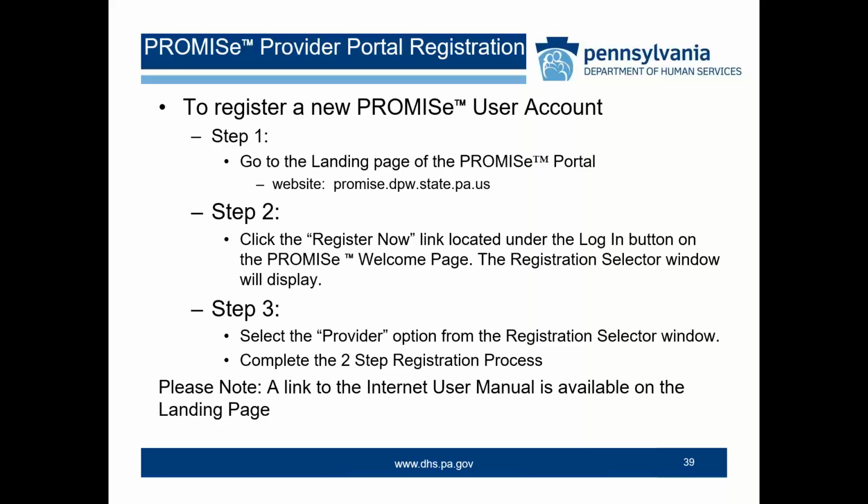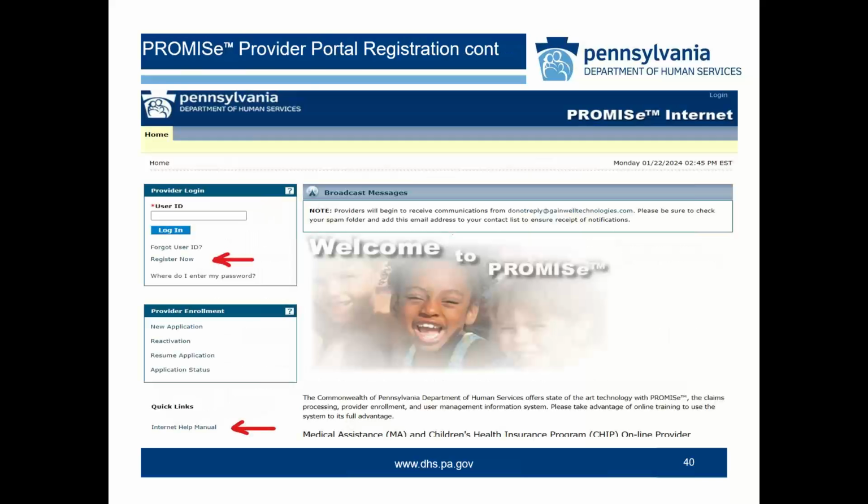From the registration selector window, you want to select the provider option, and then you will complete a 2-step registration process. Now, there is a link on the landing page for the Internet User Manual. If you're having difficulty in establishing an account or navigating the website itself, any information on that is in the Internet User Manual. It's a very good resource for you.